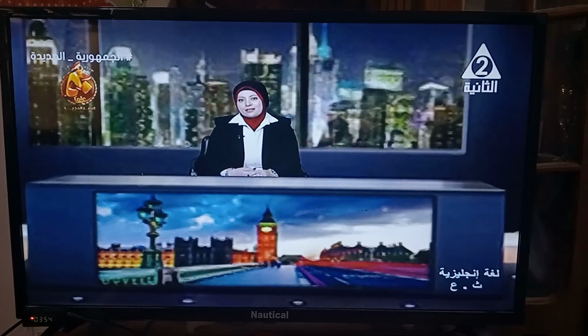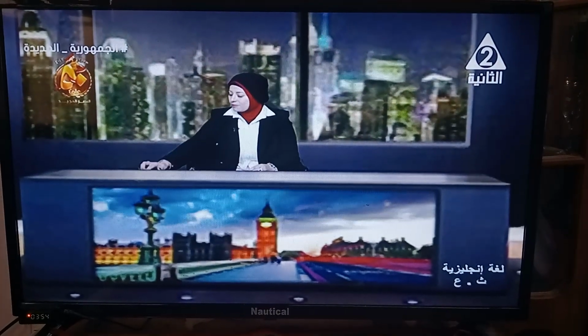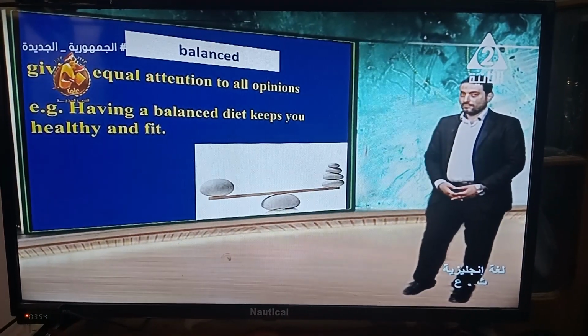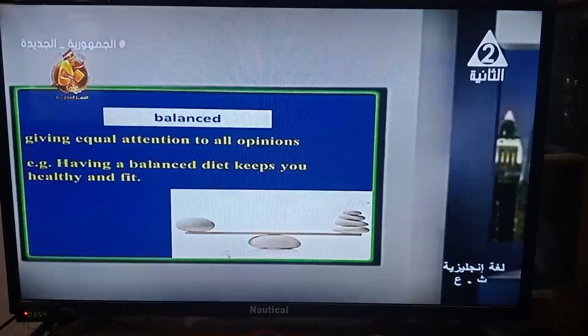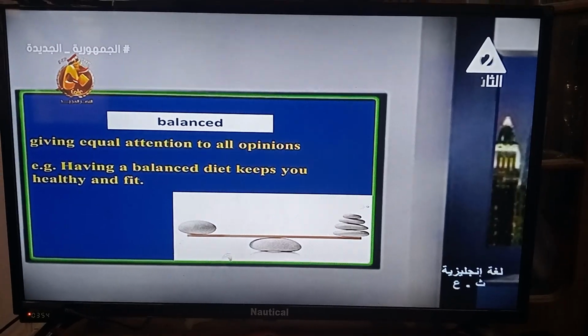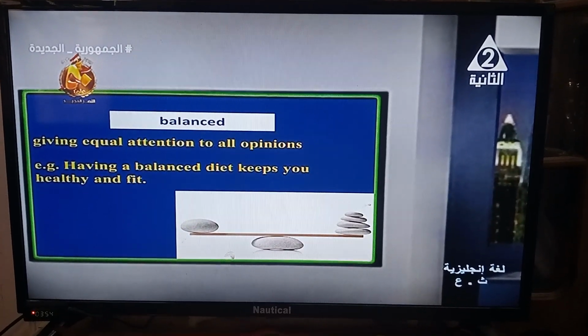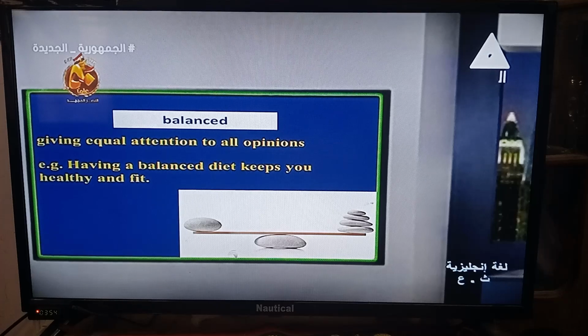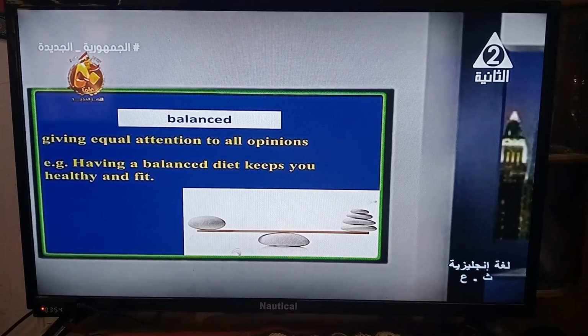Have a look at this example. Having a balanced diet keeps you healthy and fit. So here, the word balanced means giving equal attention to all opinions and all matters. Let's say it. Balanced.